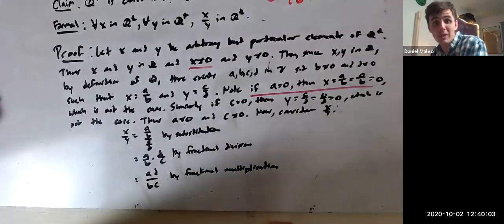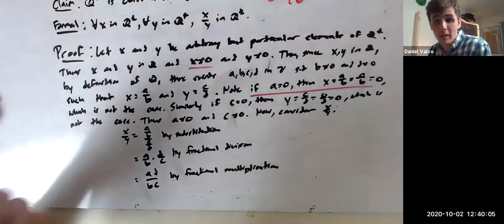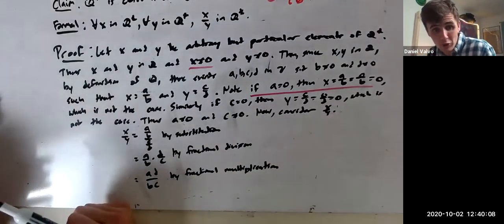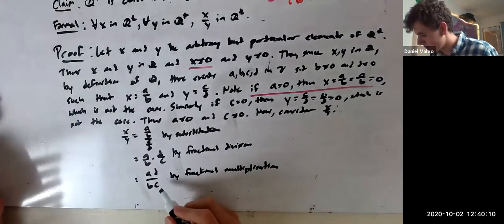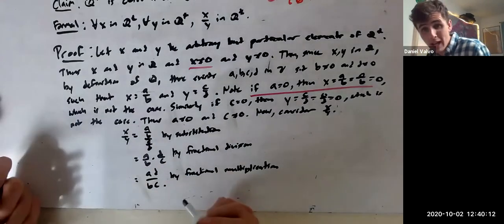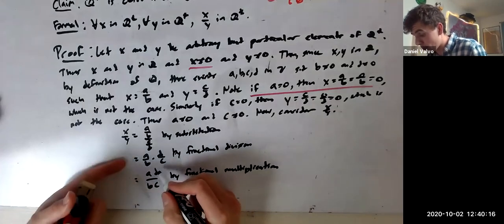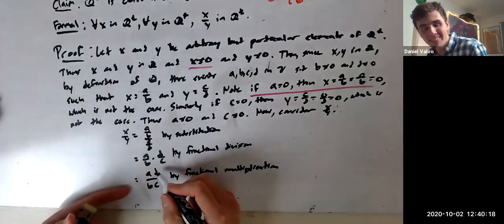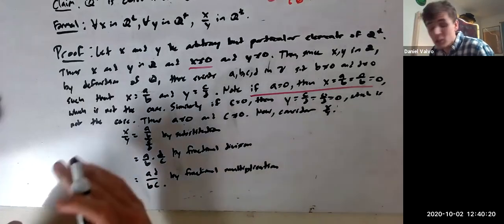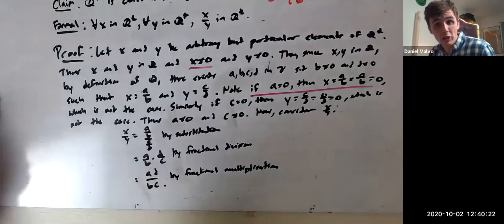Now being in Q star means you're a rational number that's non-zero. So first it starts with the rational number and then show it's non-zero. To be a rational number, you're a ratio of integers. If we do a ratio here, AD in the numerator, BC in the denominator, all you need to show is that AD and BC are integers themselves.